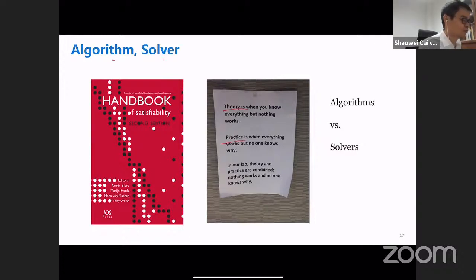But most of the time, if we engineer a solver, we actually can't prove its complexity. And if we try to prove some better bound, actually it does not work in practice. So this is a contradiction.